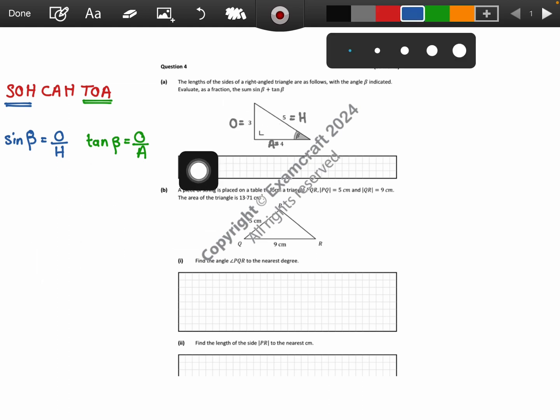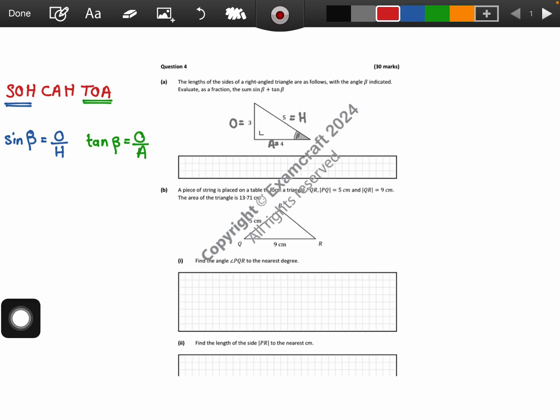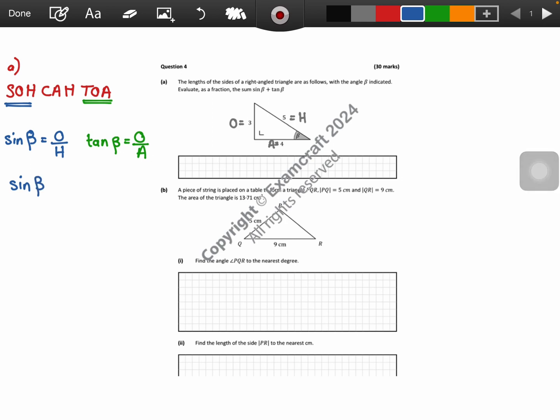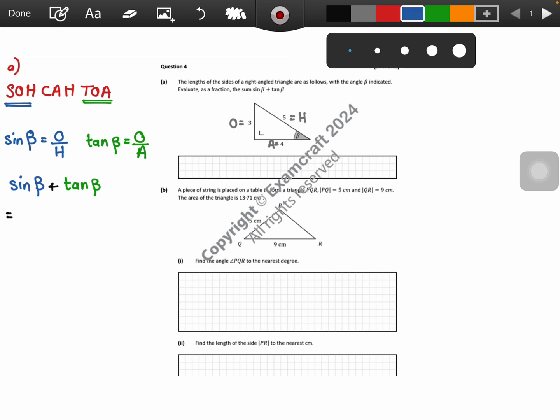I don't have a lot of space here to do this one out, so I'm just going to do it out over to the side. So we have sine beta plus tan beta, and we have just figured out how to write those as fractions. So I can write that as the opposite over the hypotenuse plus the opposite over the adjacent.